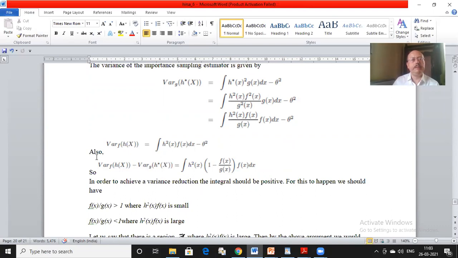This is the original variance. So their difference is my reduction, my payoff, my benefit from using importance sampling. And the expression for that can be analytically written explicitly as H square times 1 minus F by G, times Fx dx.